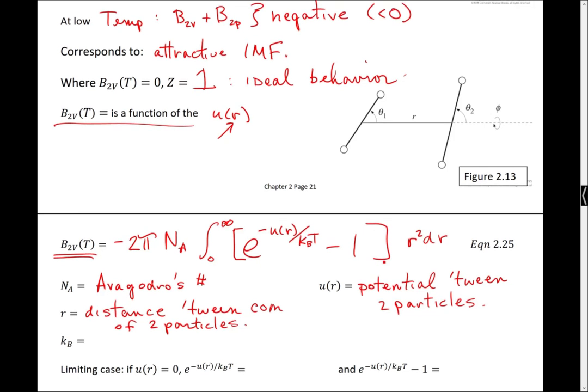So the other thing I want to put in here, what's kB? It's the Boltzmann constant. And I'm going to write an important relationship that you will find to be potentially useful. It is the same thing as R over Avogadro's number.